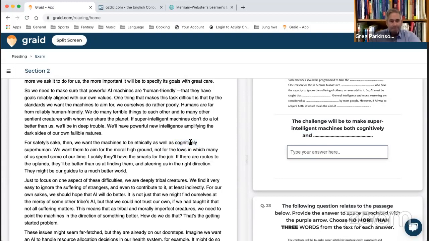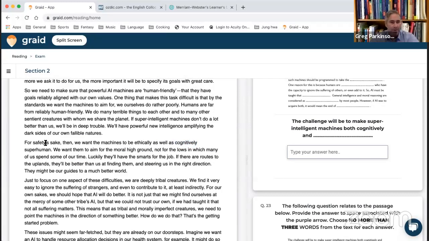Okay, so I found the word cognitively because now I know I'm in the right area. So we dove straight in, but now we feel like we're looking in the right place. So now hopefully things will speed up. Let's read this whole sentence because it might be the answer.